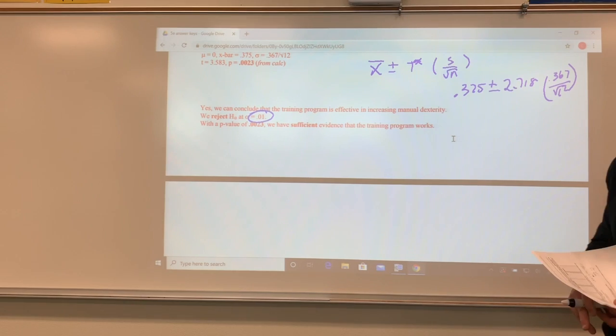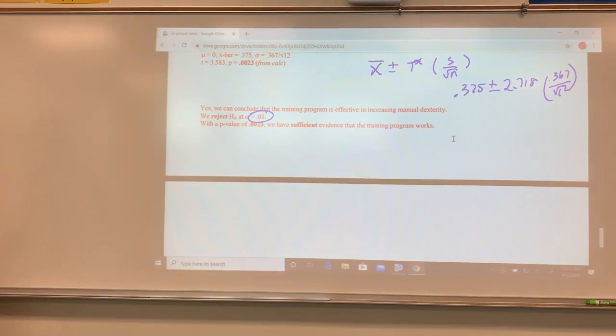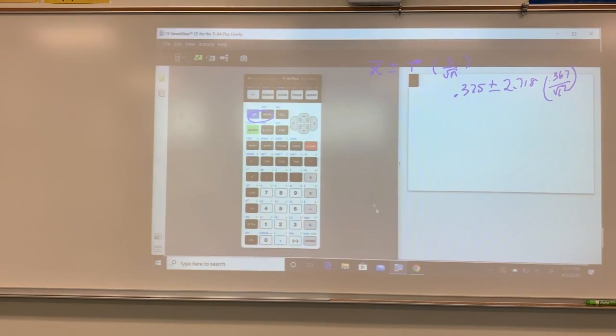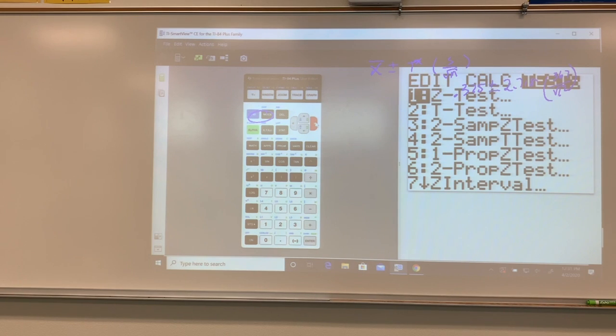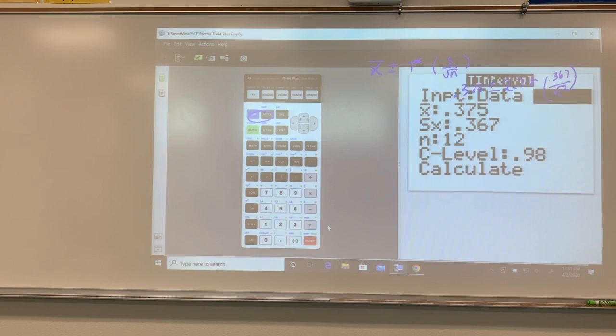So let's do it. So I'm going to go stat, tests, and I'm going to go, like last chapter, to TInterval, which is, I believe, item number 8 on the calculator, okay?